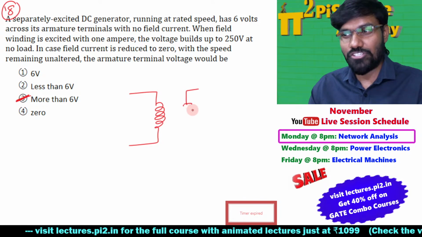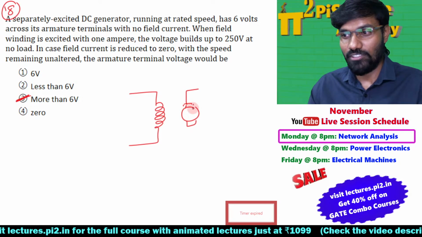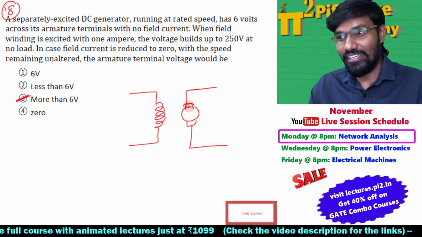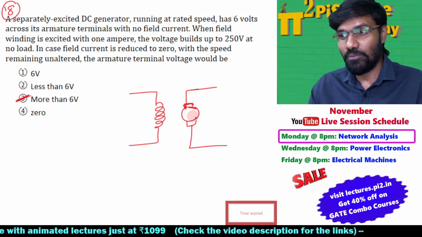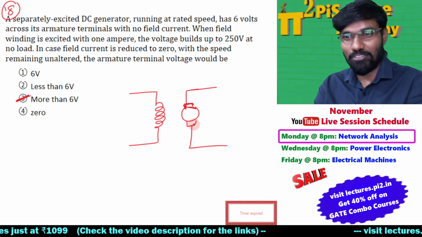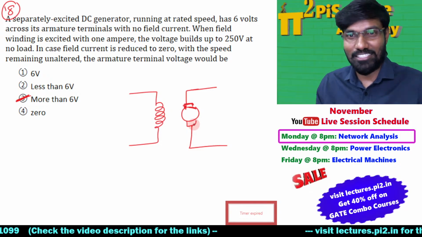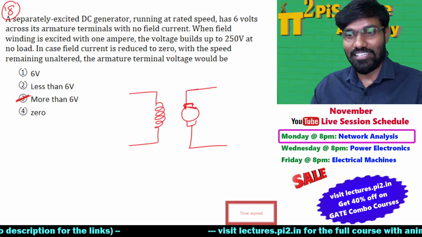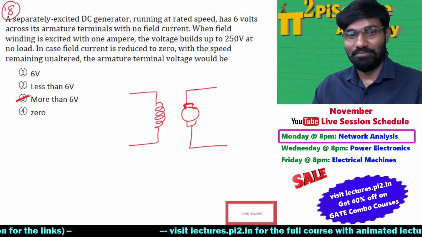This is the best generator ever in the world. Really. Yes, it is true. If it doesn't have a commutation problem, then I don't think further development would be required on any generators or motors.